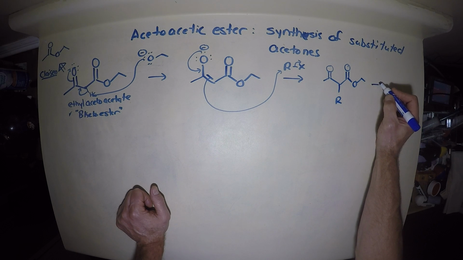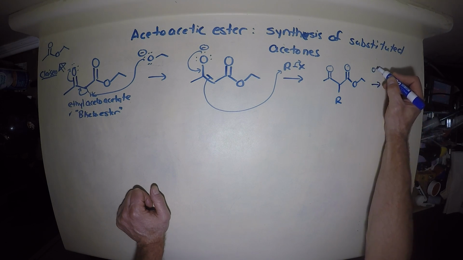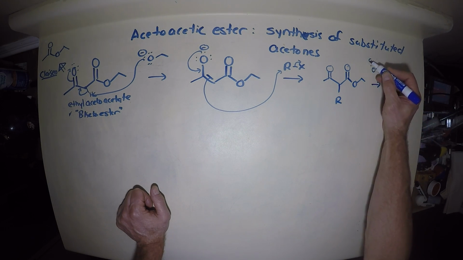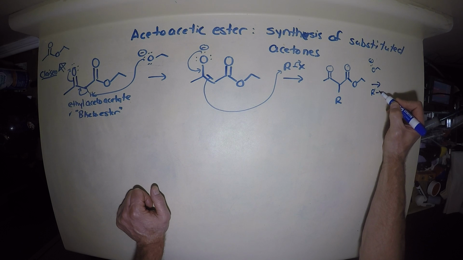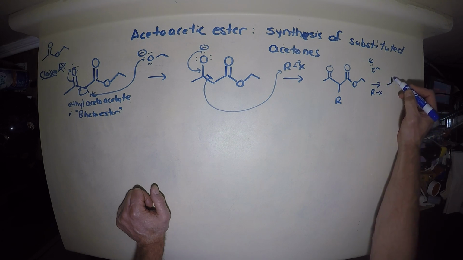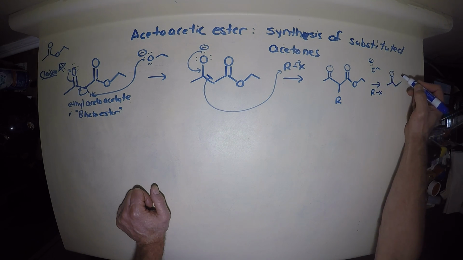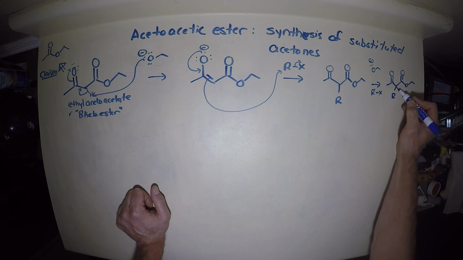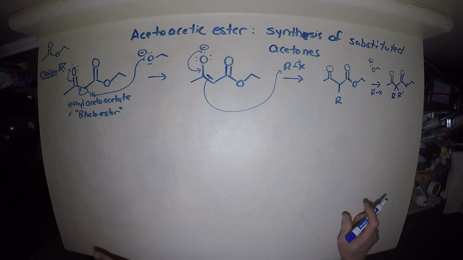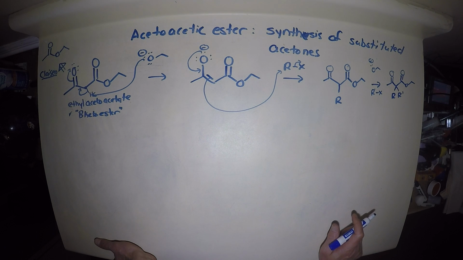And if we wanted to, we could repeat that sequence, namely ethoxide and another halide, and we could easily make a di-substituted product. And note that R or R prime could be the same or could be different.